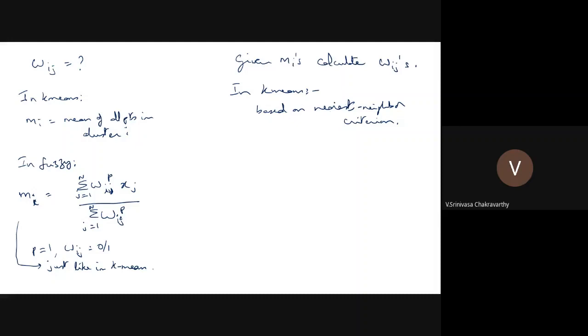Now we'll do the same thing in a fuzzy sense. So how does it work? In fuzzy clustering, can anybody intuitively tell me what would be a good expression to use for Wij?